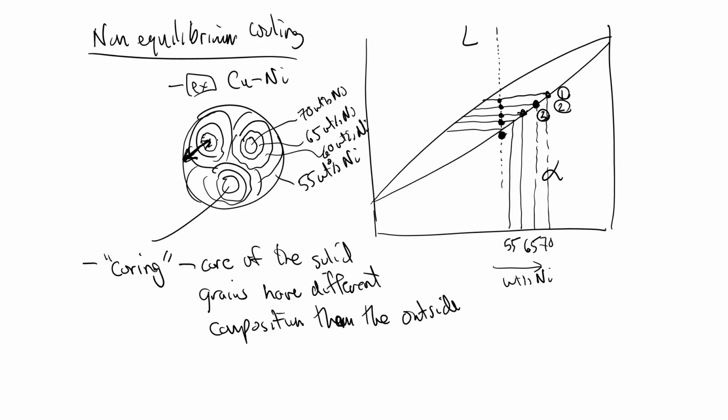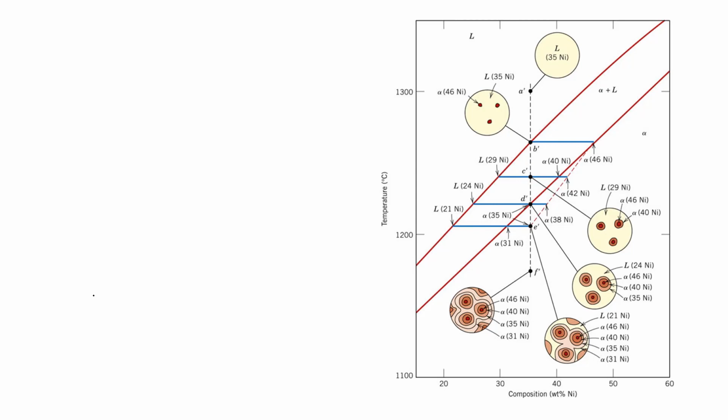But if we cool fast, the composition doesn't have time to change as rapidly because it relies on diffusion, which is a time and temperature thing, so that we get a microstructure that looks like this. That is, the core of the grains have a different composition than the outside.